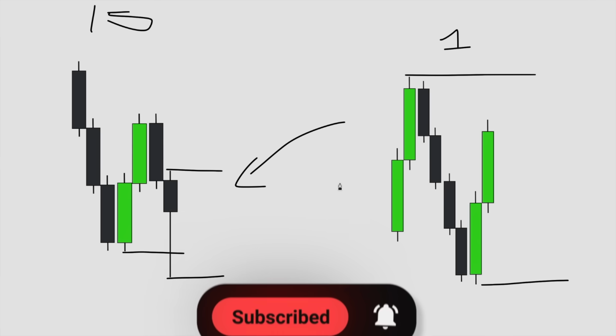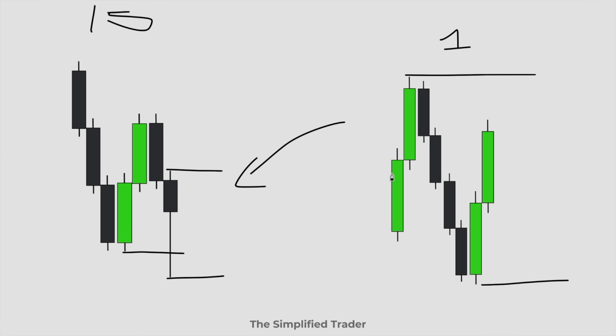What do we need? We need a candle that closes beyond the high of that candle. That is my bullish setup. For a bearish setup, we want to wait for the market to close below the candle that failed to displace. As soon as we get that closure, that becomes my valid entry reason.